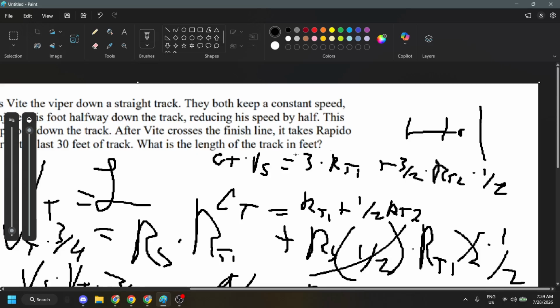So, fine. And then we say, this is also equal to this, it's just 2 RT1 is equal to Viper speed, is equal to 3/4 Viper speed, or Viper time.